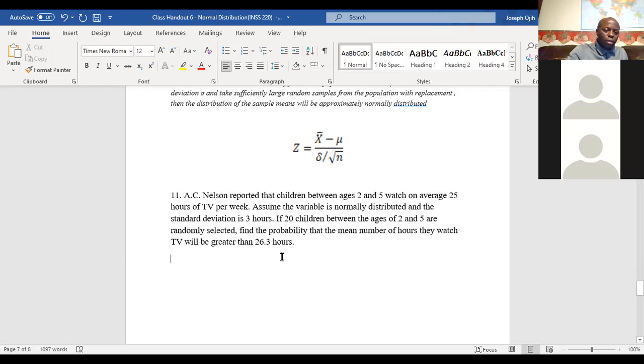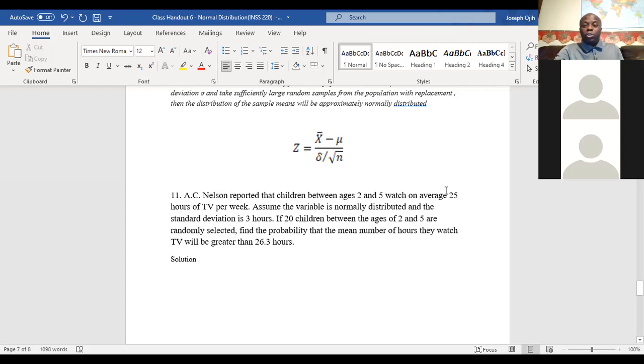Solution. The first statement says that Nielsen, which I think is a market survey company, reported that children between age 2 to 5 watch on average 25 hours of TV per week.